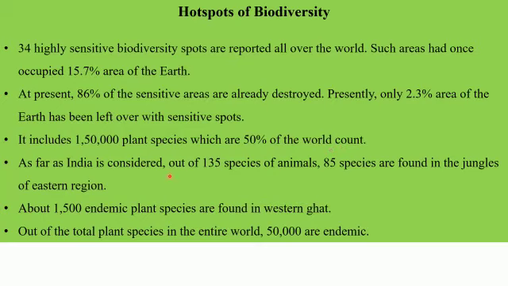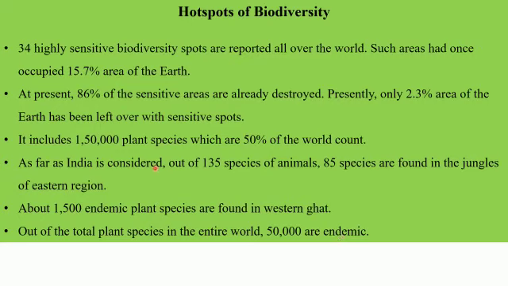As far as India is concerned, out of 135 species of animals, 85 species are found in the jungles of the eastern region. About 1,500 endemic plant species are found in the Western Ghats. Out of the total plant species in the entire world, 50,000 are endemic.